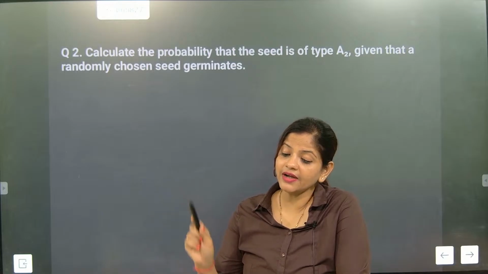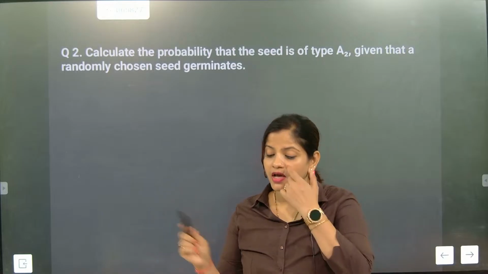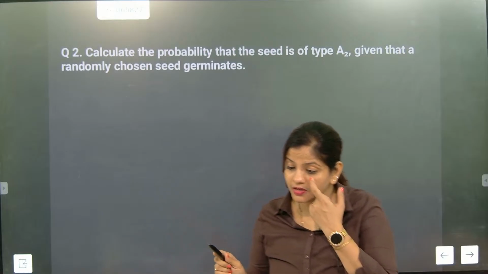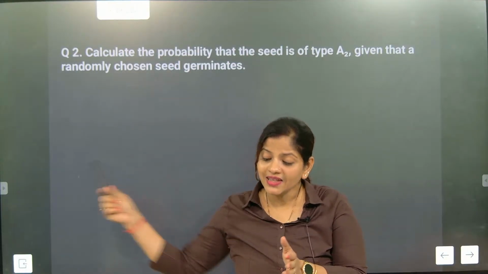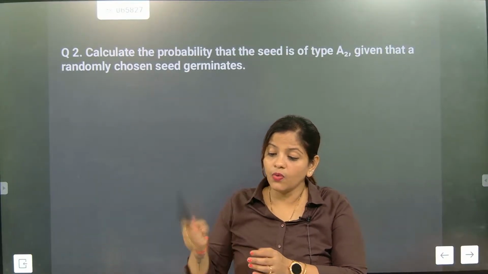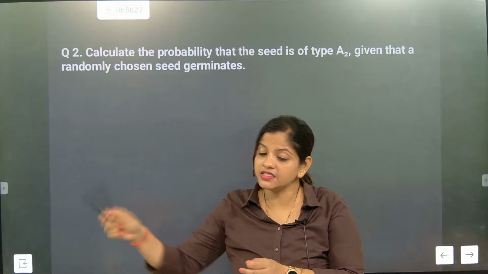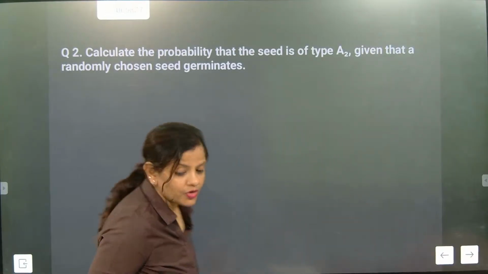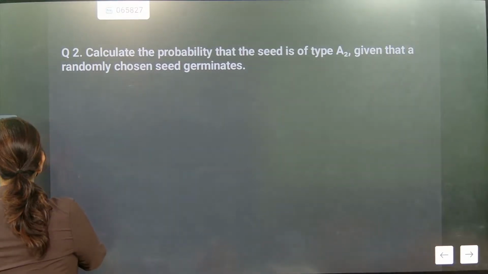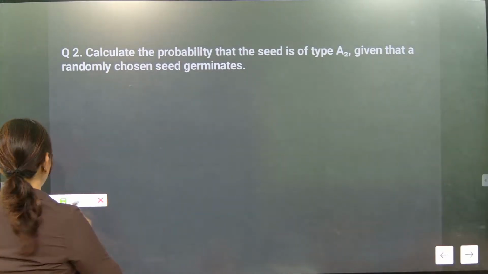Given that a randomly chosen seed germinates. You have 3 qualities of seeds, and randomly you are choosing one seed and that is A2. So definitely, beta, this is Bayes theorem. We can't do any other work rather than Bayes theorem here.